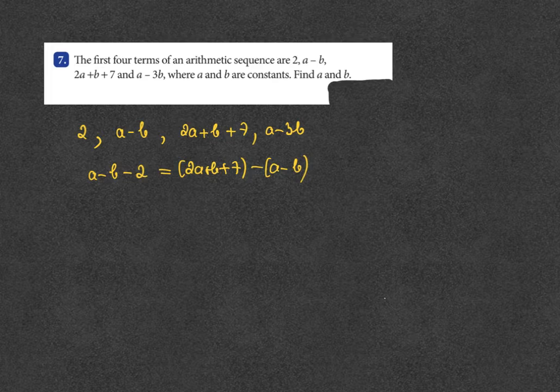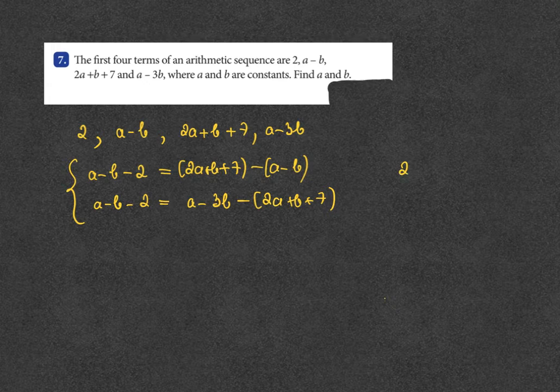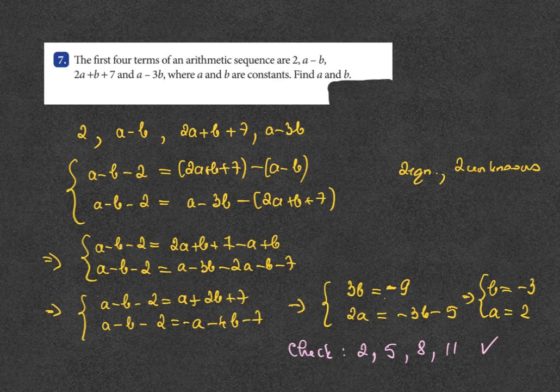So a minus b minus 2 equals a minus 3b minus (2a plus b plus 7). I have two equations, two unknowns, so I should be able to find the unknowns. Please pause the movie and try yourself. And here is my algebra, plus checking the answers to check that the four numbers are in an arithmetic sequence.